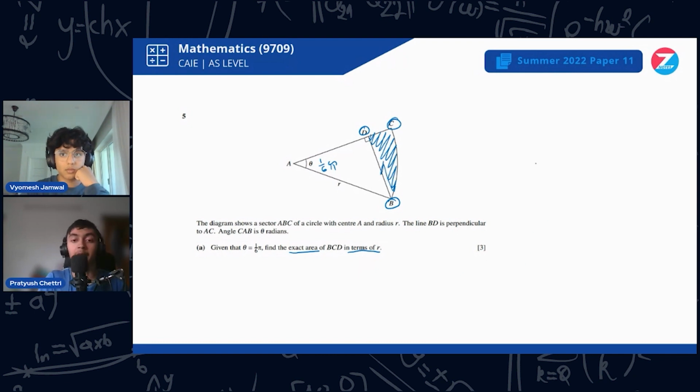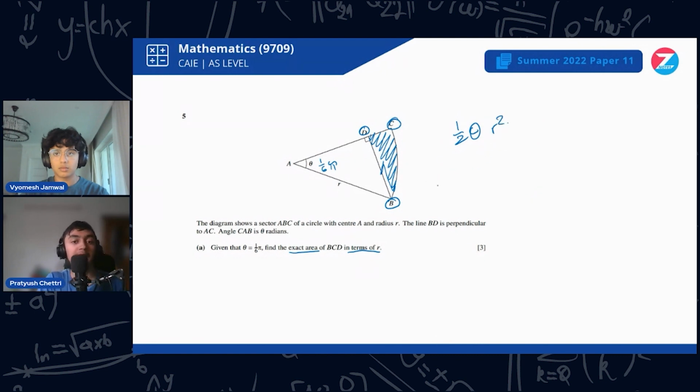Now, in my mind, what I would do is I have a sector, I have an angle, looks like pizza. I'm going to take the sector area, and from the sector area, I'm going to subtract the triangle area. I'm going to be left with this bit here. So let's get the sector area first. And we know the formula for sector area is half theta r squared.